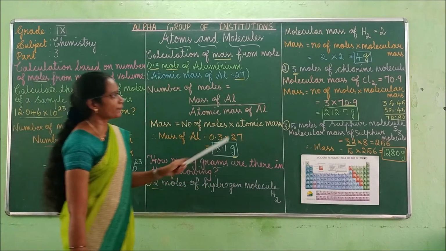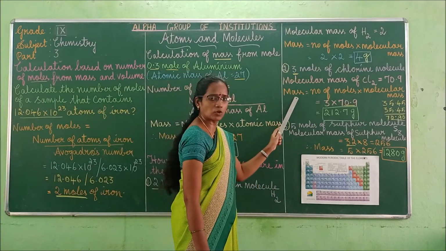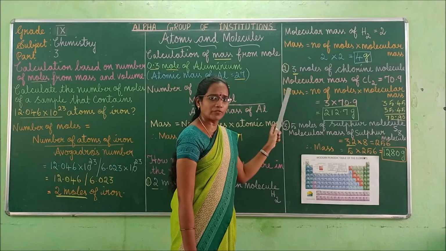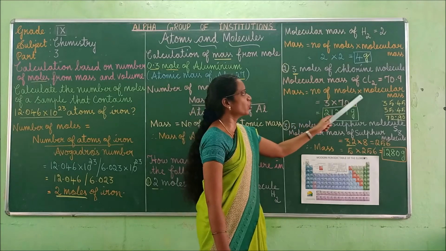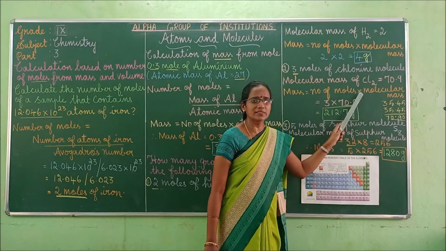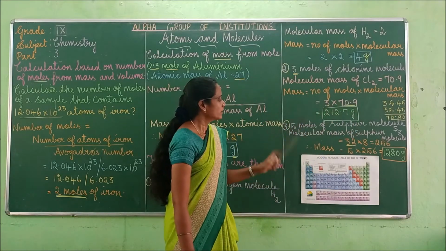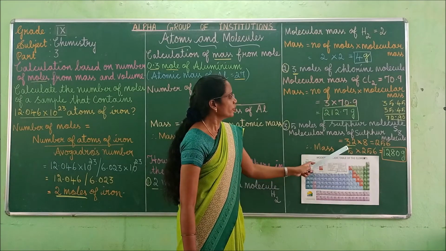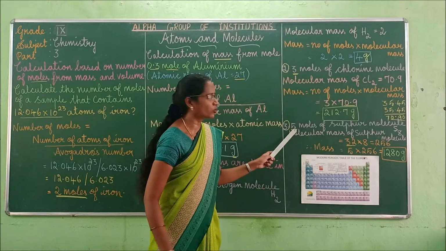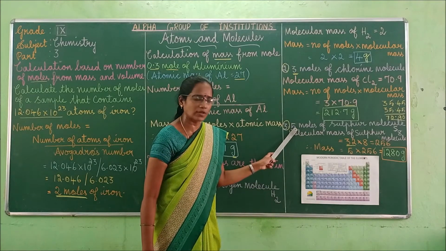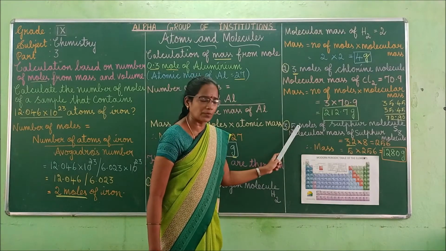The next step, you have to apply this formula. You have to find out the mass now. So mass is equal to number of moles into molecular mass. This formula you have to write. So mass is equal to 5, which is given in the question; you are going to find out the mass for these 5 moles of sulfur molecule.